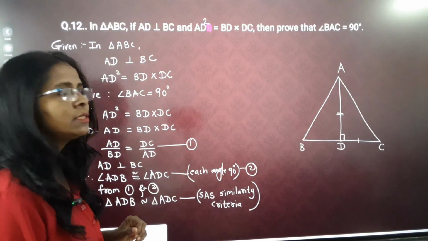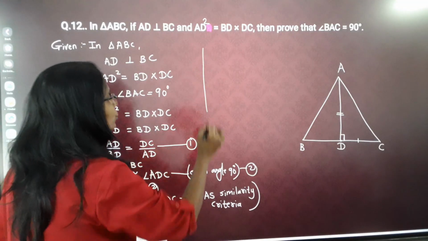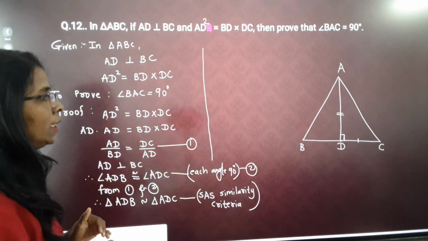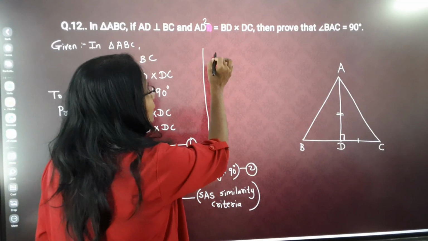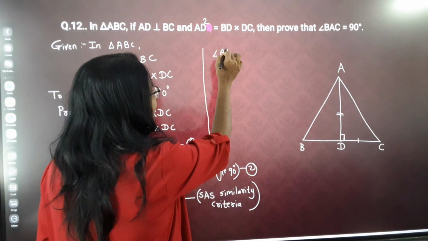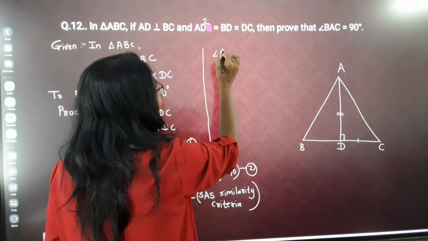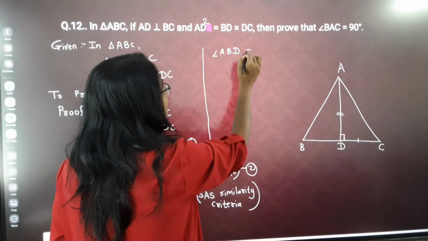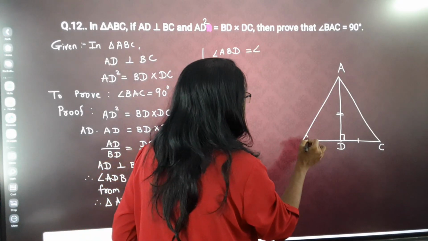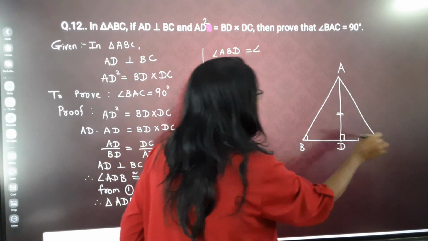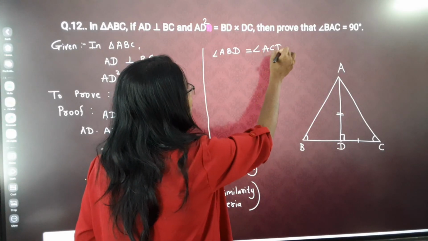Now here, students, as the two triangles are similar to each other, angle ABD is equal to angle ACD. These two angles are congruent.